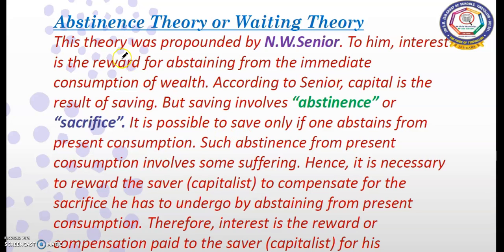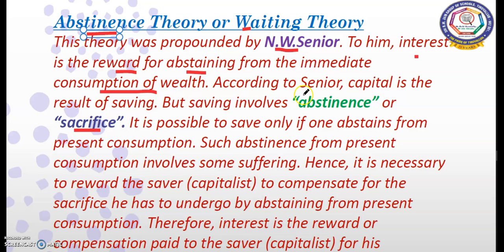First, abstinence theory, it is otherwise called waiting theory. The word abstinence means sacrifice. This theory was propounded by N.W. Senior. According to him, interest is the reward for sacrificing from the immediate consumption of wealth.